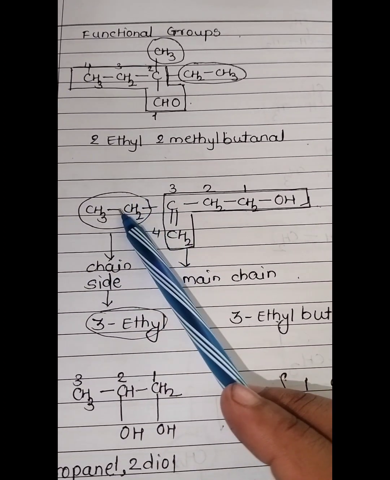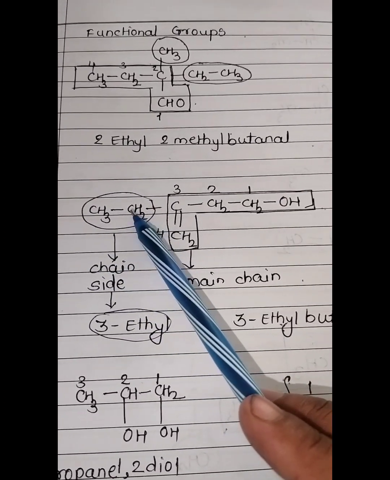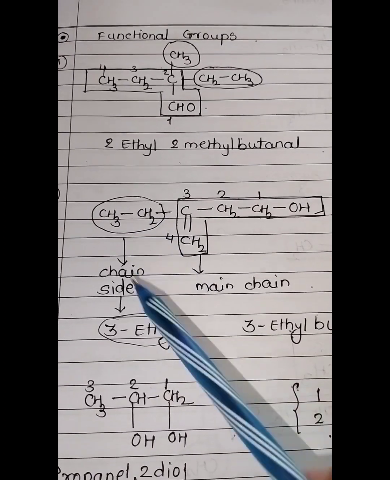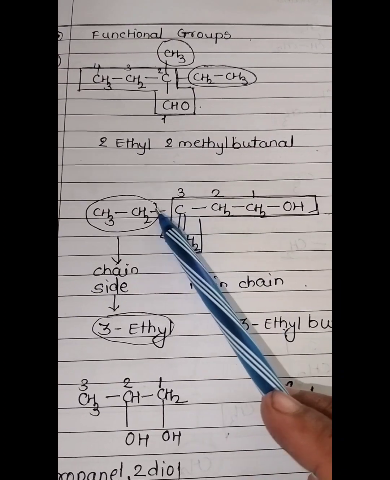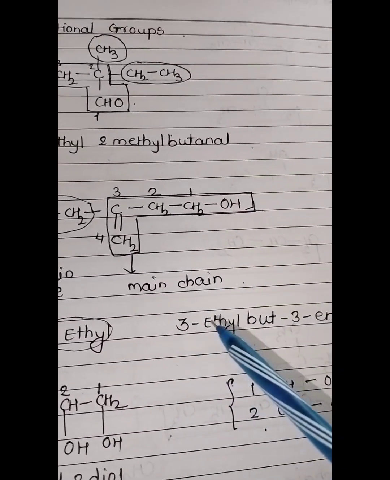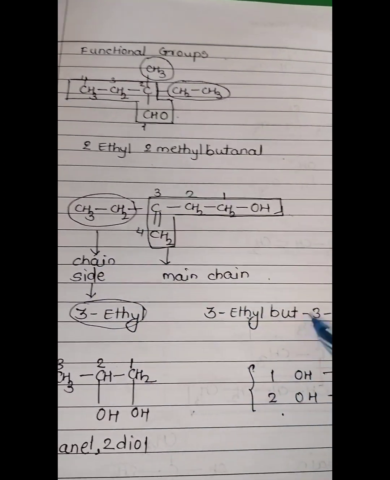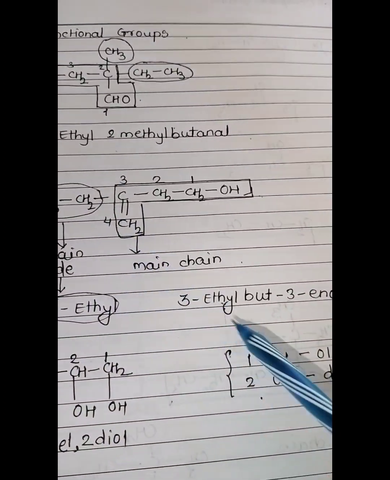The side chain contains two carbons, so ethyl. Then at the third carbon a side chain is attached, so 3-ethyl, and the overall name of the compound is 3-ethylbut-3-en-1-ol.